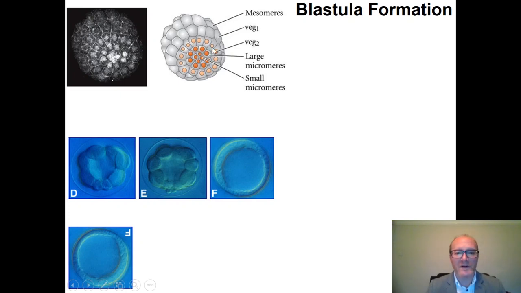Then the macromeres divided in two, equatorially, but again producing two groups of cells of different size, veg 1 and veg 2. Veg 1 tends to be a bit bigger than veg 2. And the micromeres divide again equatorially, but not equally, producing very small cells called the small micromeres, and somewhat larger cells called the large micromeres.